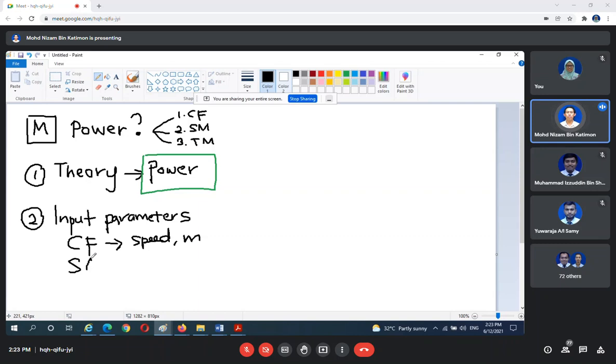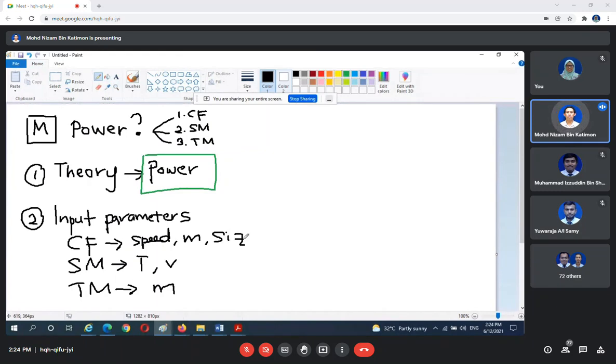For the sugarcane machine, what is the speed, what is the torque. For the trampoline machine, one of the parameters is the mass. For the ceiling fan, you have to know the speed, the mass, and the size.